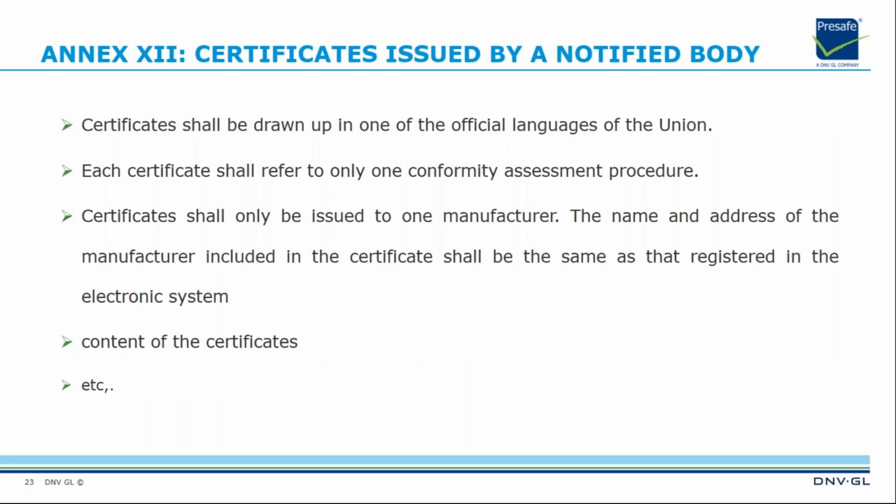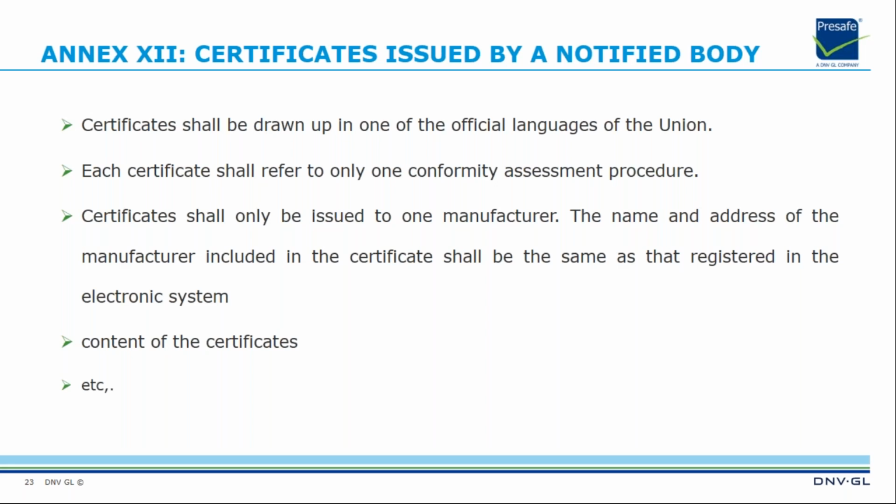Annex 12 is about certificates issued by a notified body. Actually, there are some requirements and some obligations for certificates issued by notified bodies. Certificates shall be drawn up in one of the official languages of the Union. Each certificate shall refer to only one conformity assessment procedure.